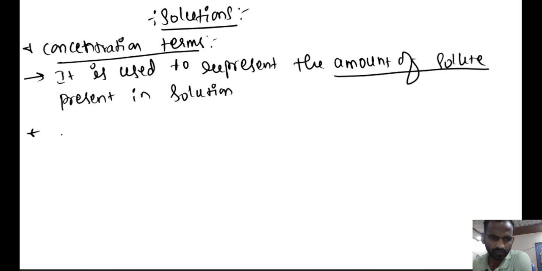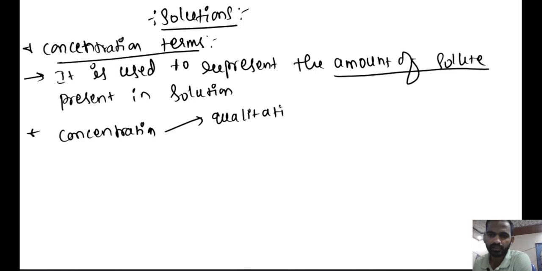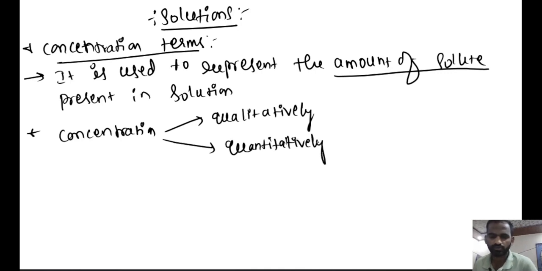See, we can find out this concentration in two ways. One is qualitatively, and we can find it out quantitatively also.